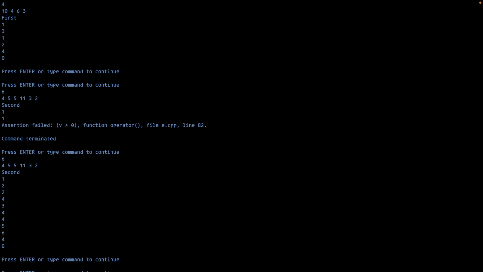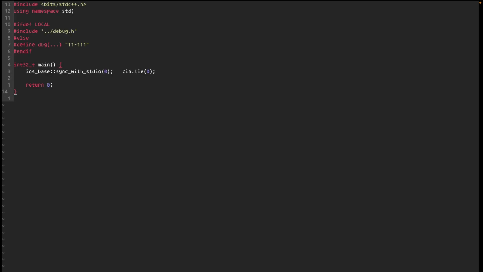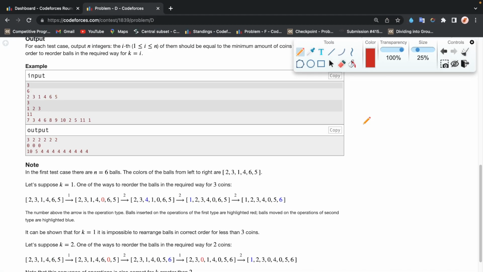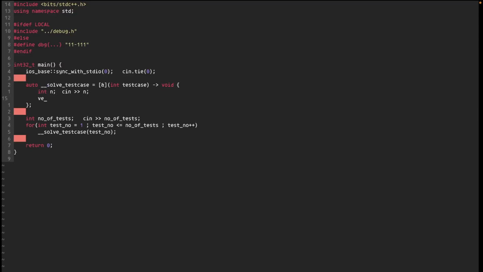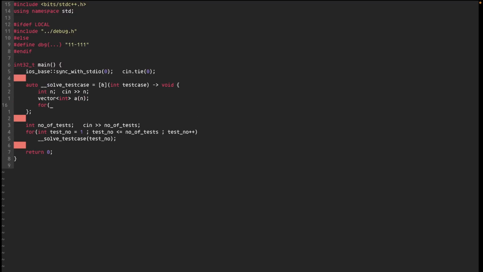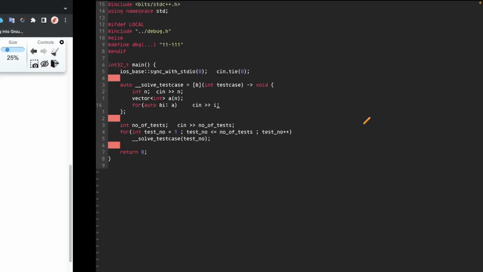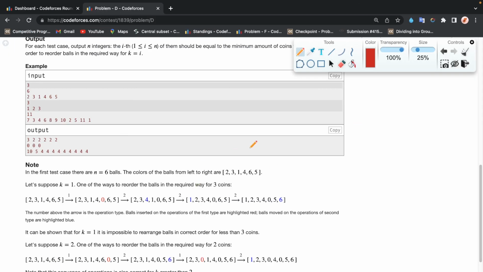So let's say then, the first test cases are there. Okay. So I want to check for the effective ranges.